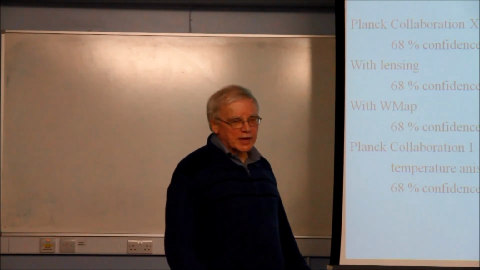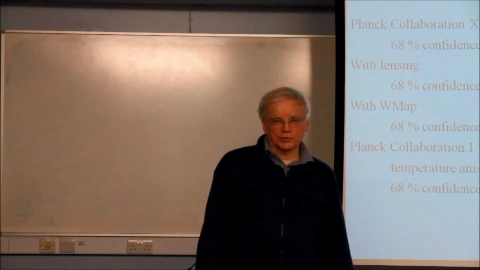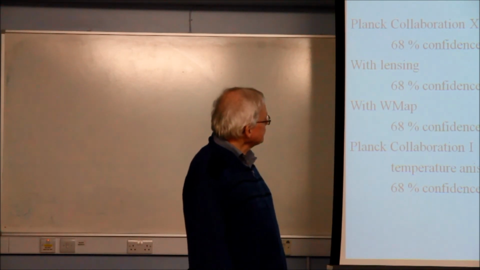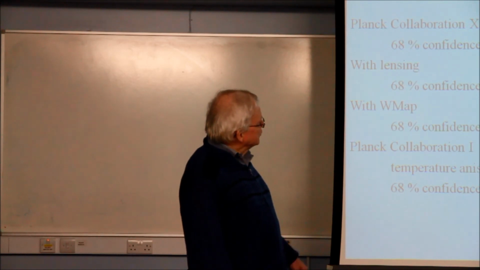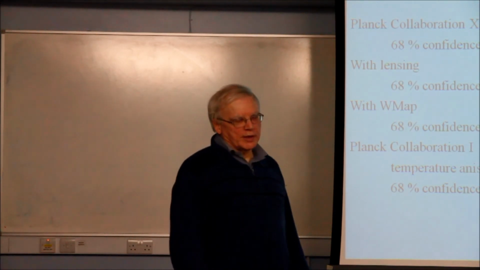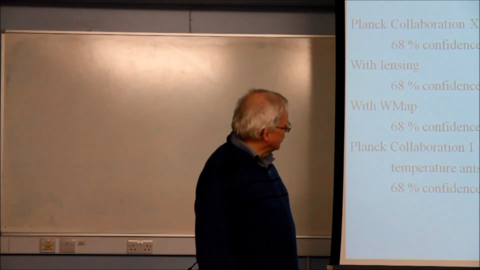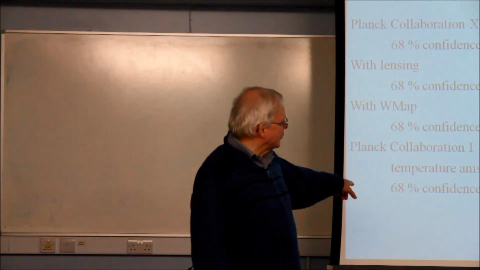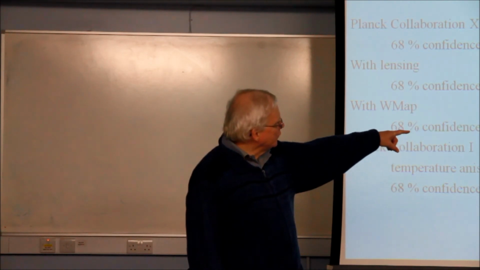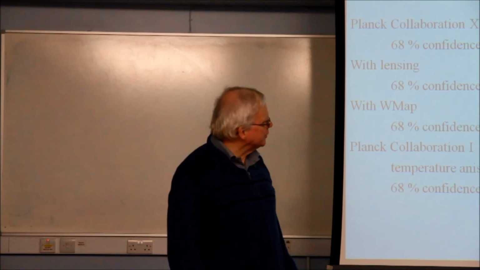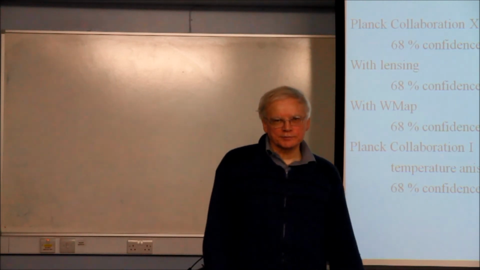The most recent data comes from the Planck collaboration, which was published in March 2013. There are different ways of doing it, and these are various ways of doing it. And some of them, you can see this one down here is 0.67, and then most are around 0.68, and perhaps one or two 0.69, but generally about 0.68.